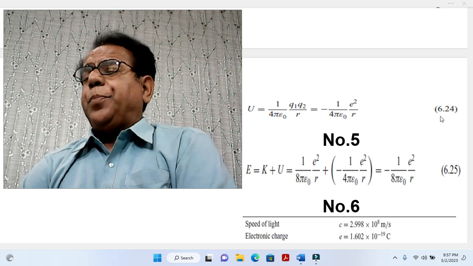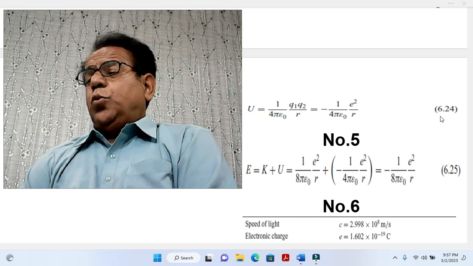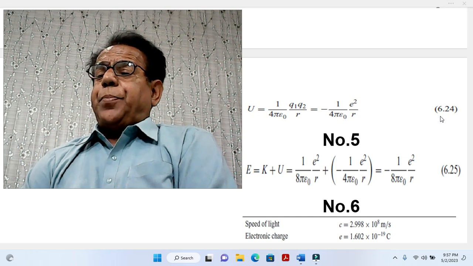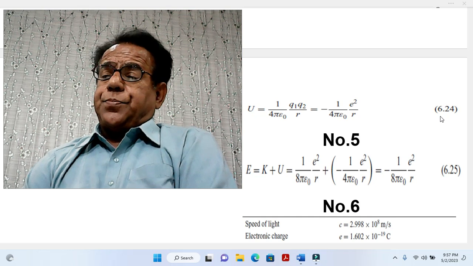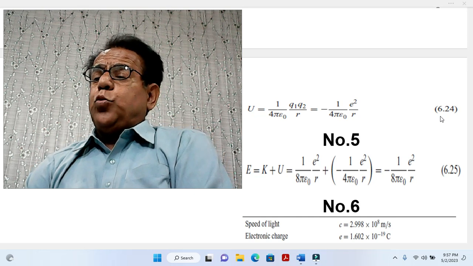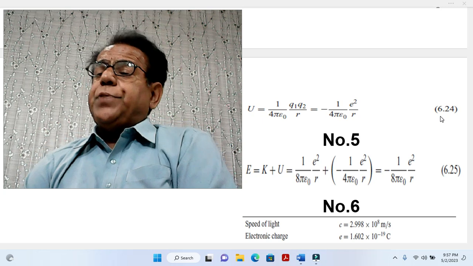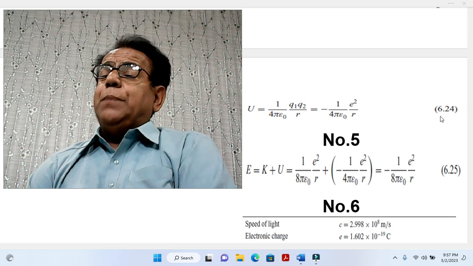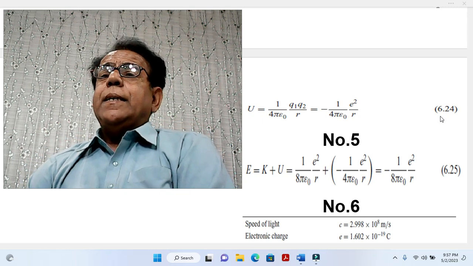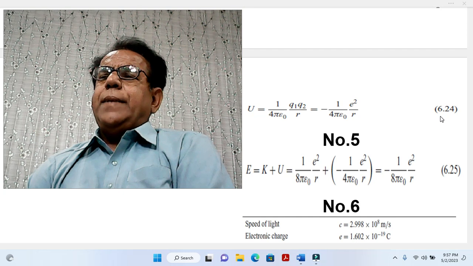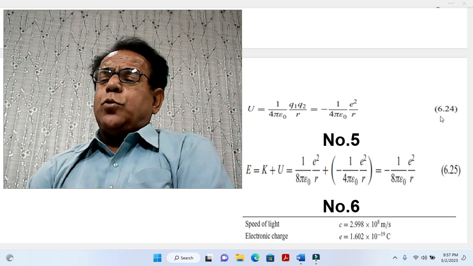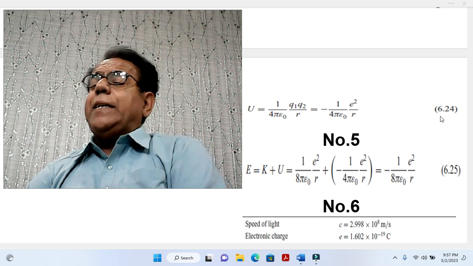So in place of Q1 Q2, the magnitude of charge is the same, that is E, but their nature is different, positive and negative, so that is why the minus sign has come.